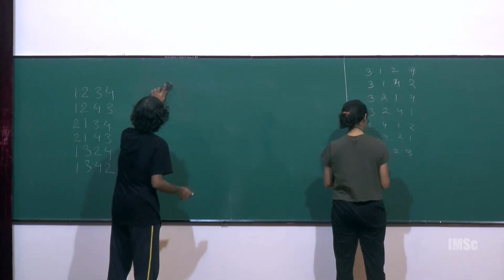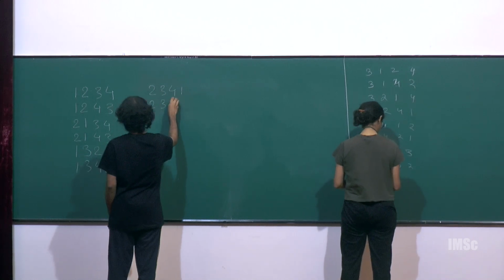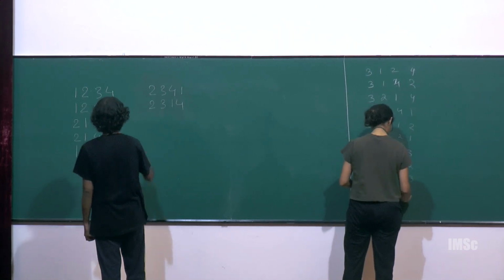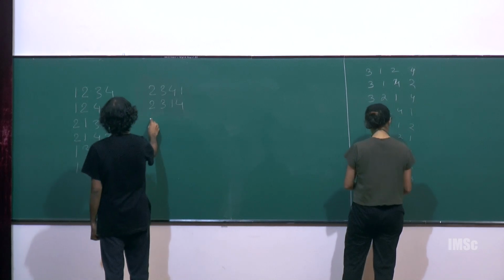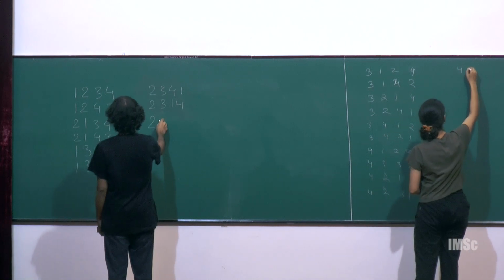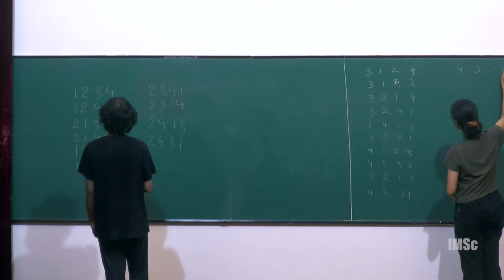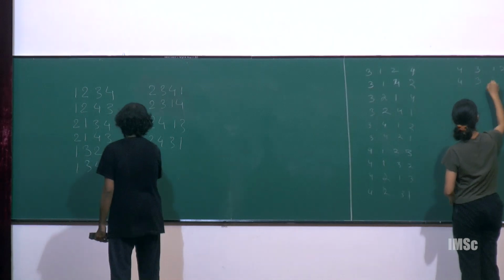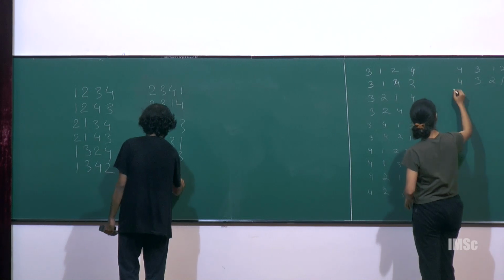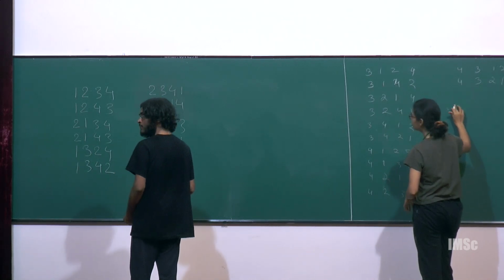Yeah, you start only with 1 or 2, correct. Okay, so how many should each of you have? 12 each, I suppose, right?